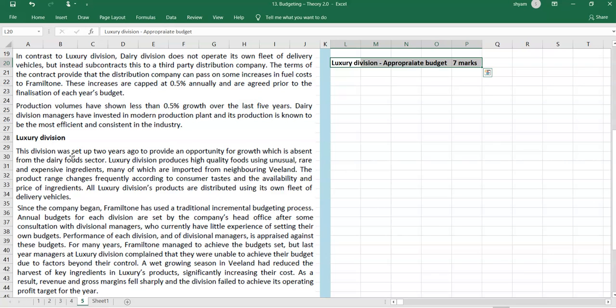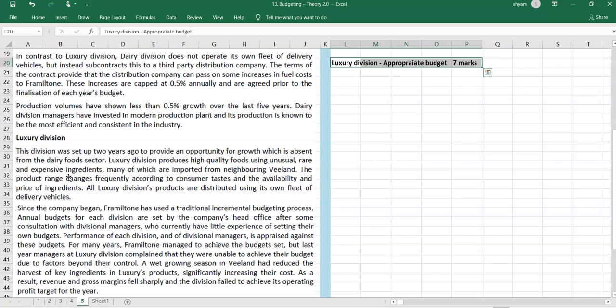This division was set up 2 years ago to provide an opportunity for growth which is absent from the dairy food sector. Luxury division produces high quality foods using unusual, rare, and expensive ingredients, many of which are imported from neighboring Wieland. The product ranges.